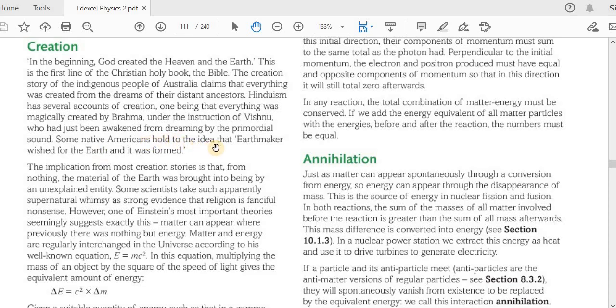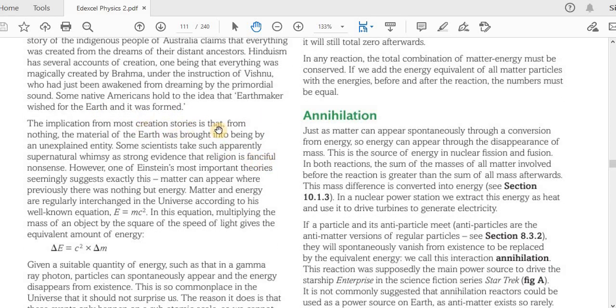Some Native Americans hold to the idea that Earth Maker wished for the earth and it was formed. The implication from most creation stories is that from nothing the material of the earth was brought into being by an unexplained entity. So let's say the universe was created from nothing, something like that.